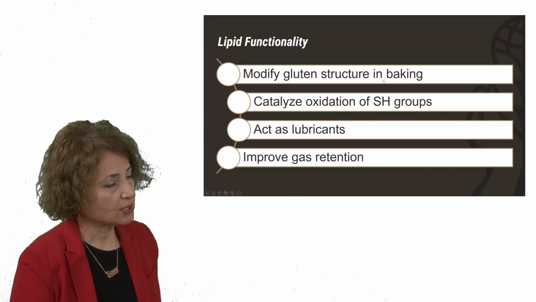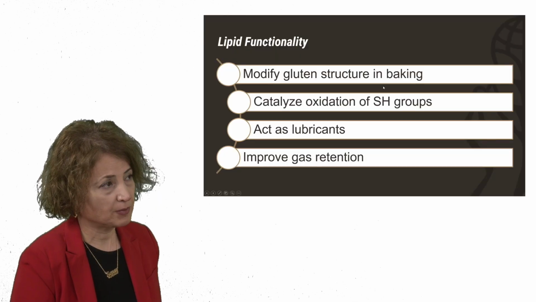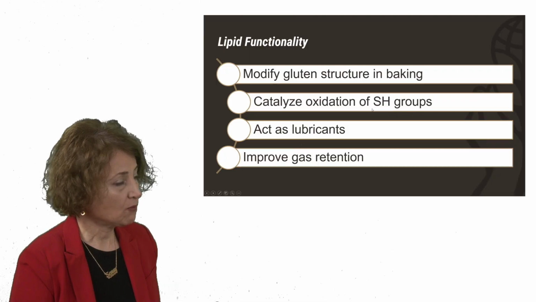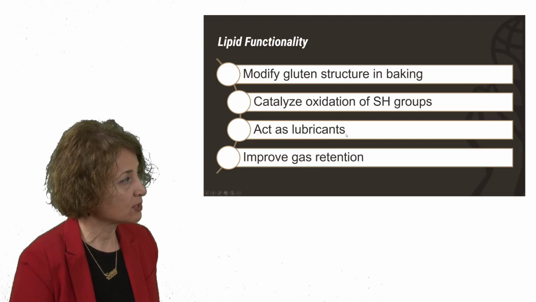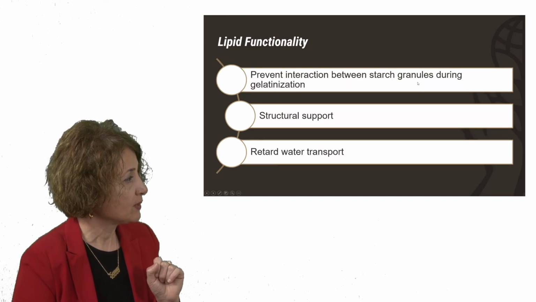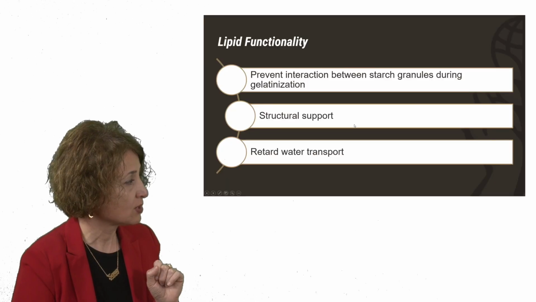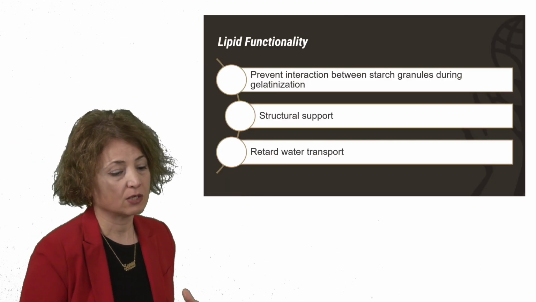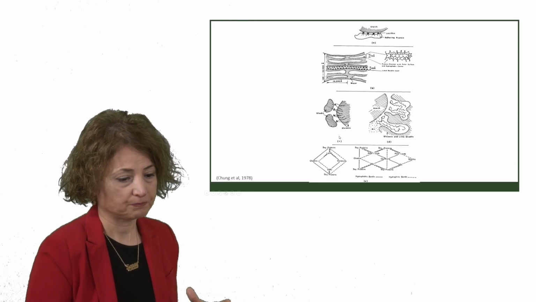Even though they make up only 1 to 2% of the endosperm, they have a positive impact on baking quality because they act as lubricants and improve gas retention. They also prevent interaction between the starch granules during gelatinization, provide structural support, and retard water transport.